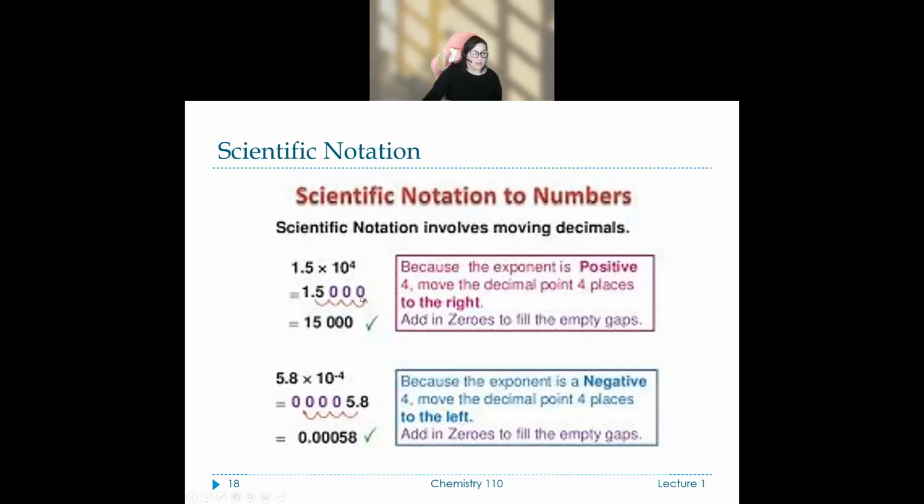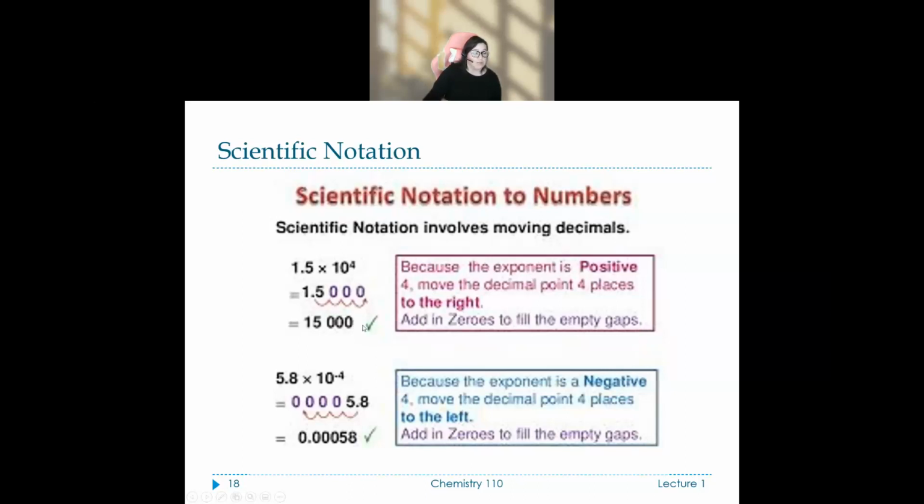So we're just adding those zeros to get to the right place. Sorry about that. I was looking at this as the actual number, and it's not. So 1.5 times 10 to the fourth. We have 1.5. We add zeros, and then we move the decimal 1, 2, 3, 4, and this is the final result. This is the number that would actually represent.